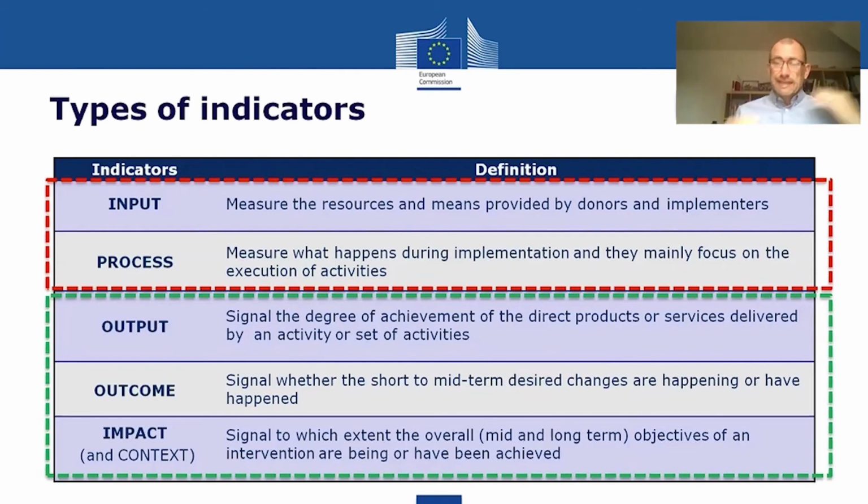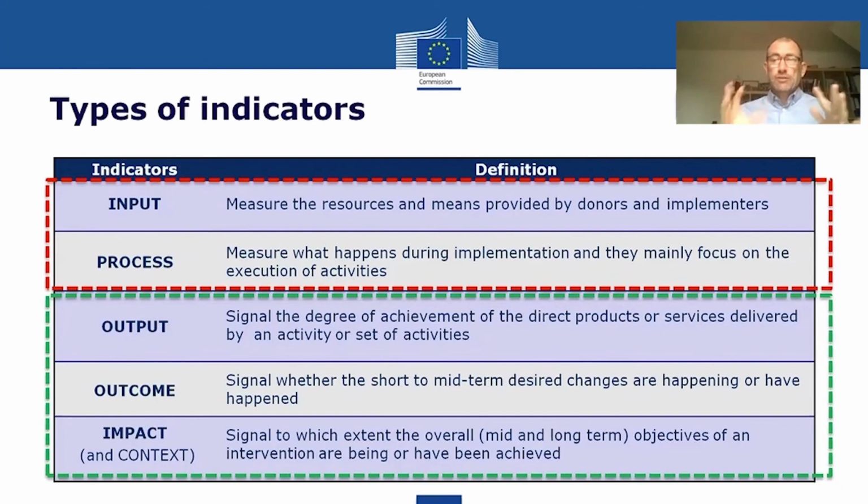Now, the outcome indicator is more sophisticated because this should signal whether the change that we've set out to achieve with our target groups is happening or has happened. So here this is where it's important to try and understand the extent of the change that we're looking to achieve, because the outcome indicator should be able to tell us that.